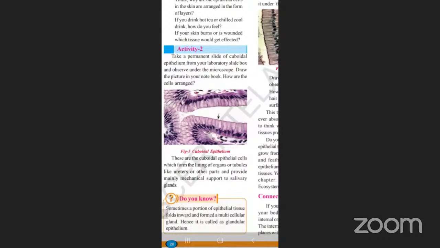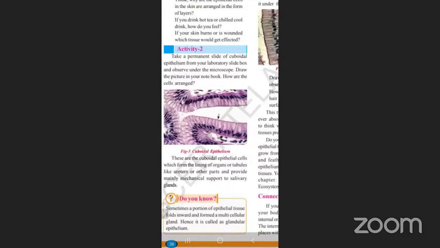After the report or result, you have to write your opinion. Result will be less, your opinion will be more. By taking help of the result, you have to write your opinion. This is the main thing. So here, take a permanent slide.